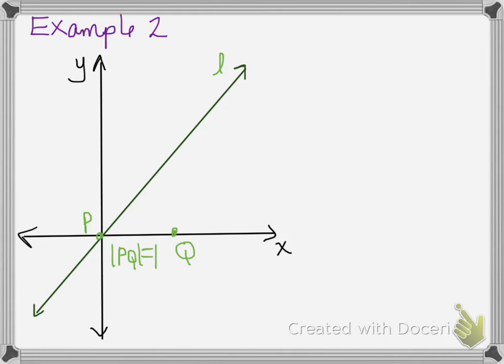Okay, so Q is at 1 unit out there from P. And next thing we're going to do is construct a vertical line that's going to intersect our line L. So we have a vertical line going through Q and coming up like that.